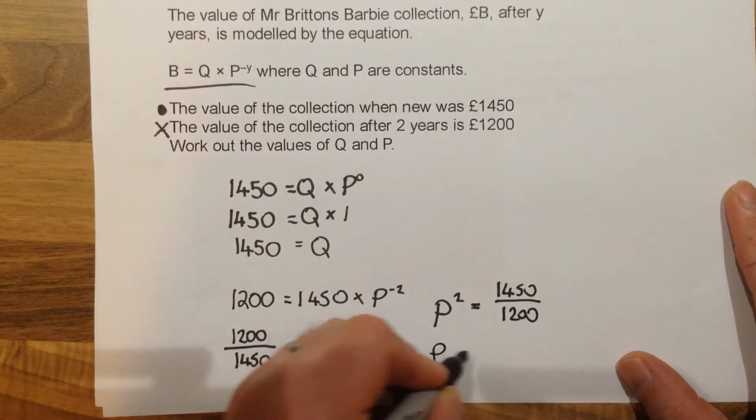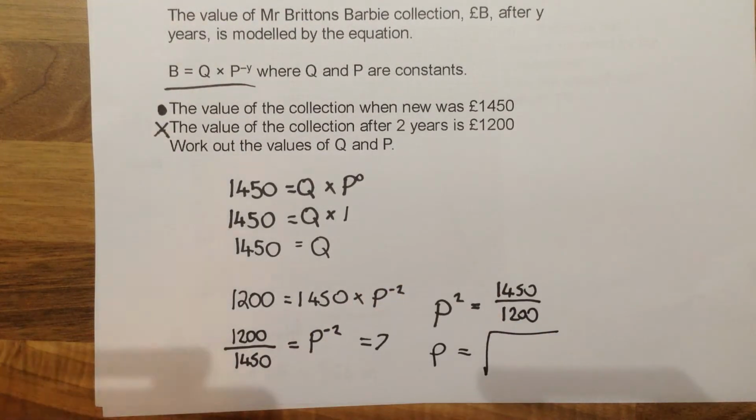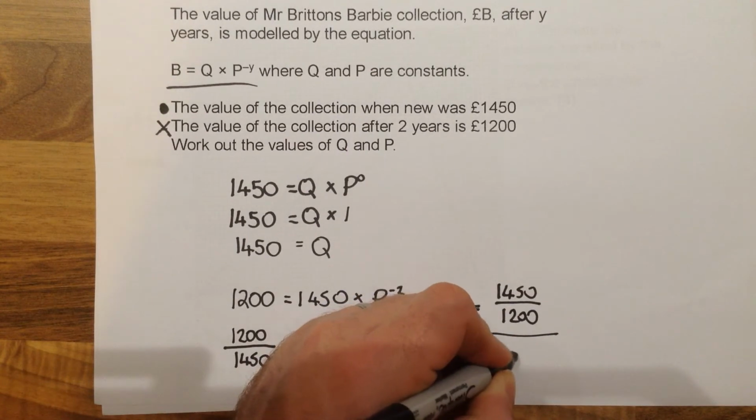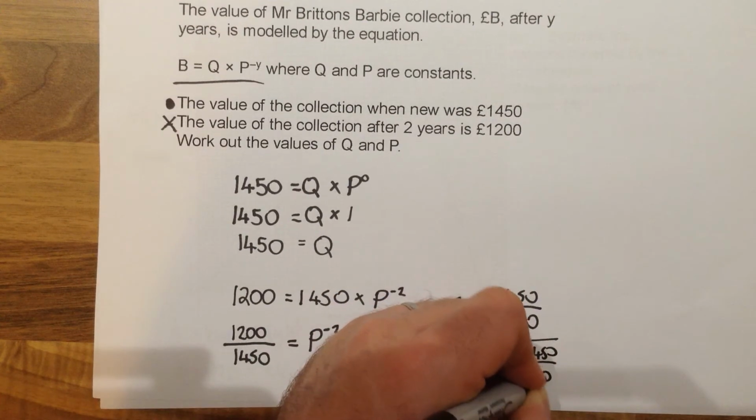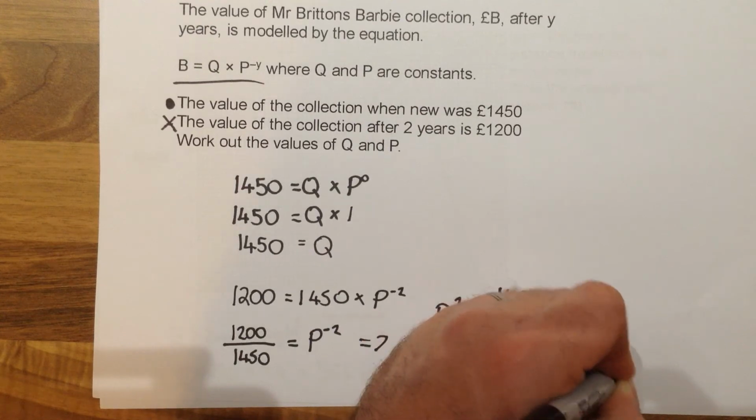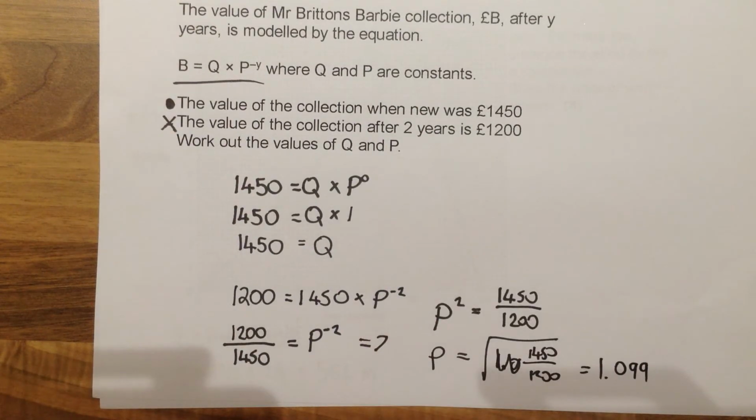In order to find P, I would need to do the square root of that. So if I take my calculator and do 1,450 divided by 1,200 and then square root that value, what we get is a value of 1.099. Now if this element is difficult to you, understandable, this is grade 9.